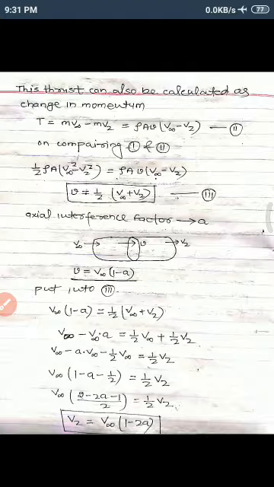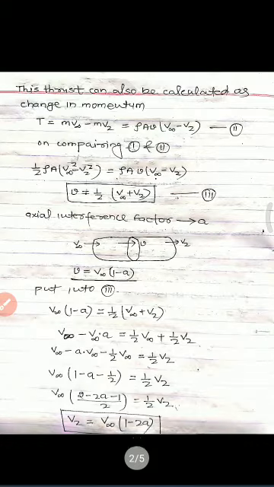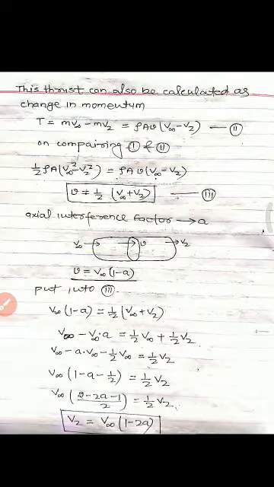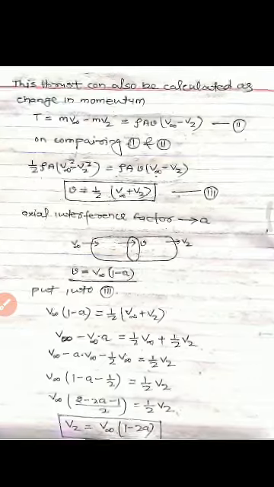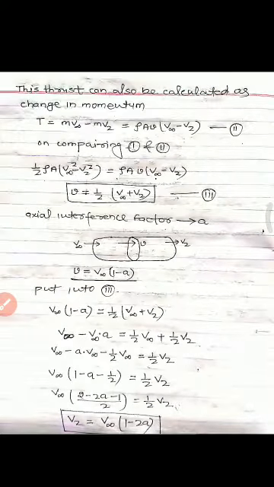If the value of this factor is 0, then also there would be no power generated. So for a value of this factor somewhere between 0 and 1, there would be a maximum power generated. For this purpose we will consider an axial interference factor A.